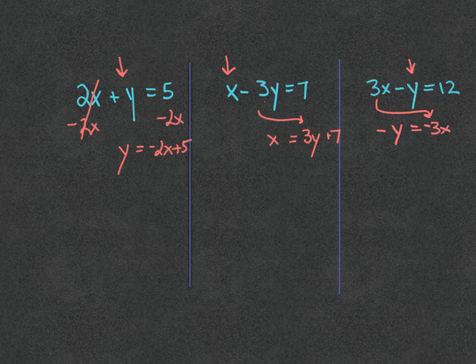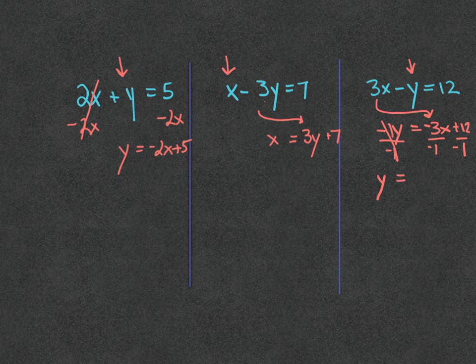When this 12 drops down, it's going to remain a positive 12. Now I'm not finished yet, because what I have here is a negative 1y, and I want it to be y equals. And so I'm going to have to divide everything by negative 1. And so that's going to leave me with y equals 3x minus 12.